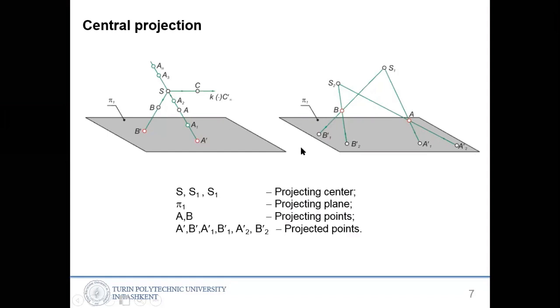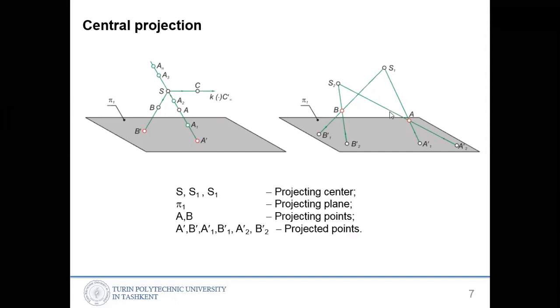Here you can see a different example. Point A and point B are given, but you can see 2 centers are given also, S1 and S2. How to project it? If you project point A using the S1 projecting center, you will get A1 dash.